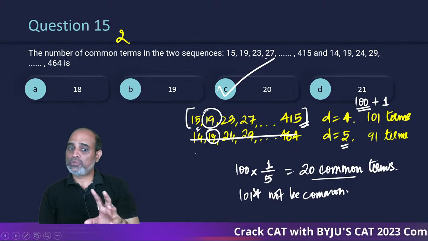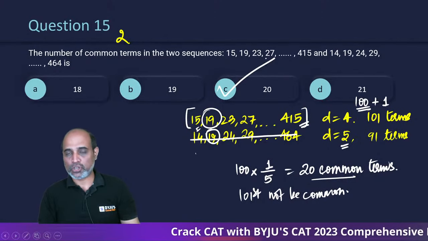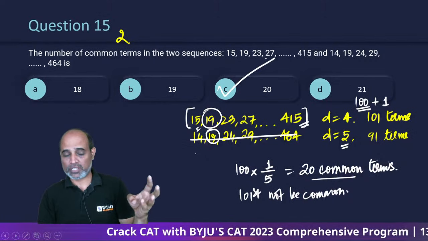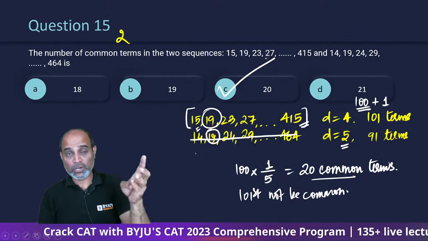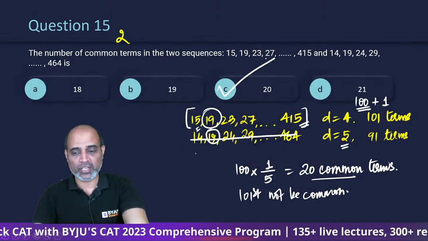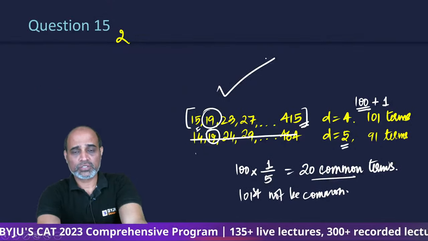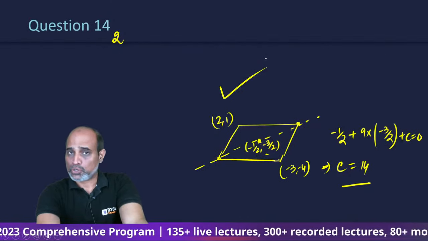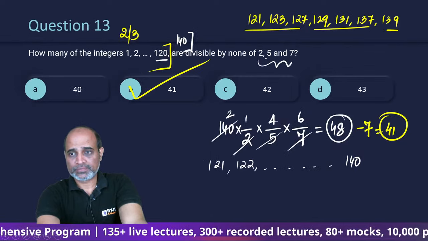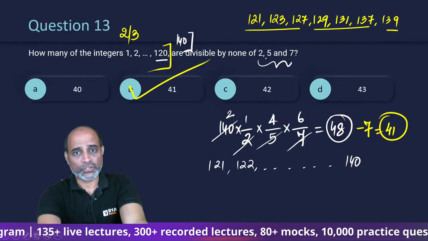So if you look at what we have solved, in round 1, round 2, round 3, how many questions have we done? This is one question. Second question, right?